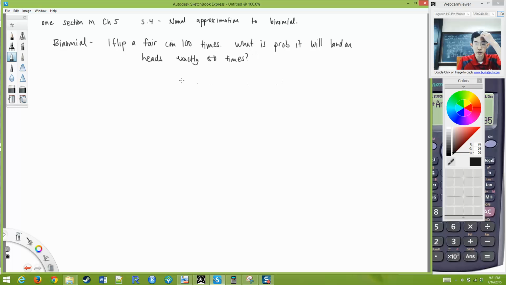And so in this case, we would have n equal to 100, p equal to 0.5, and j equal to 50, right? And we would do 100 choose 50, 0.5 to the 50, 1 minus 0.5, which is also 0.5, to the 100 minus 50, which is also 50. All right. I'm hoping this looks familiar.